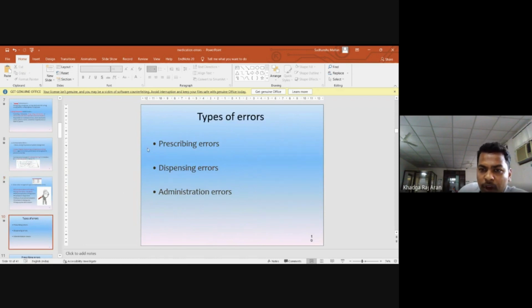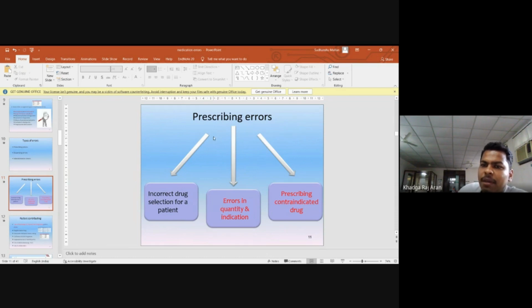So these are the types of errors: prescribing errors, dispensing errors, and administration errors. Coming to prescribing errors, they are due to incorrect drug selection for the patient, errors in the quantity or indications, and prescribing contraindicated drugs to the patient or to a pregnant woman.